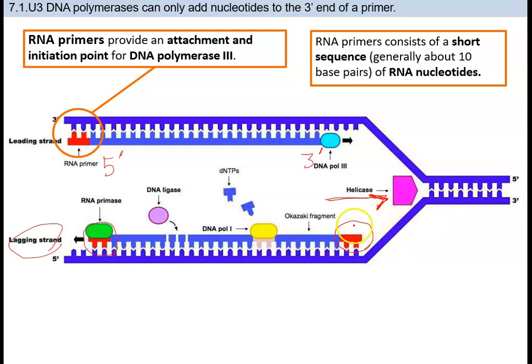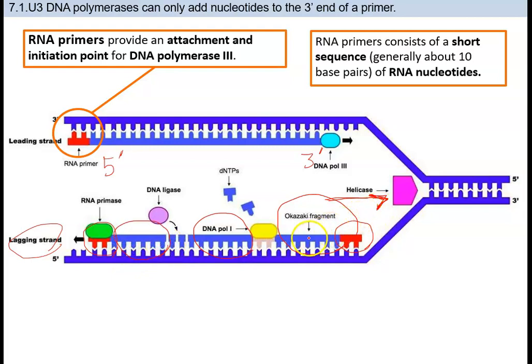And then DNA polymerase 3, after primer attachment, starts to make the new strand by adding the polynucleotides. And this is one Okazaki fragment, and this is one Okazaki fragment.